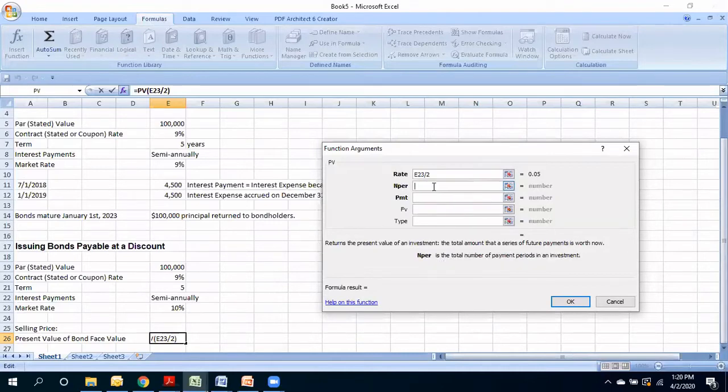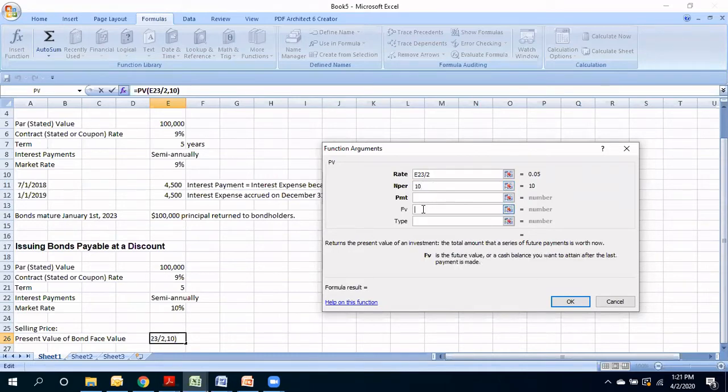How many periods? The number of periods is equal to the number of interest payments we are going to make on these bonds, and that happens to be 10. The bonds are 5-year bonds, I'm making my interest payments semi-annually, so the number of payments is going to be 10.